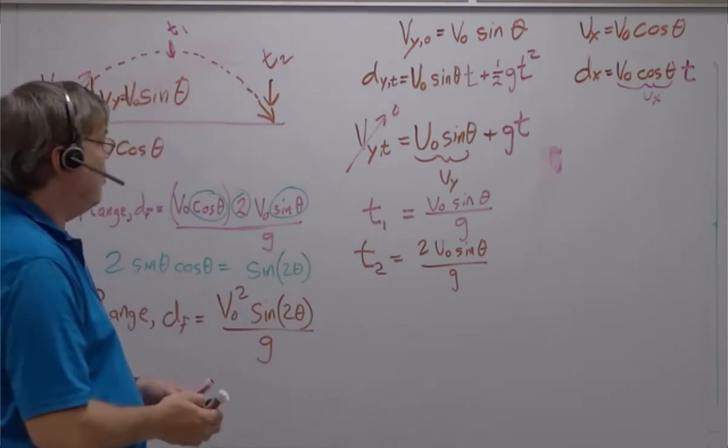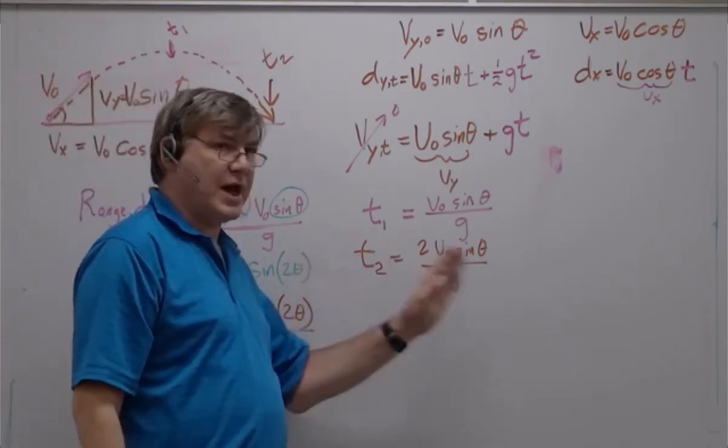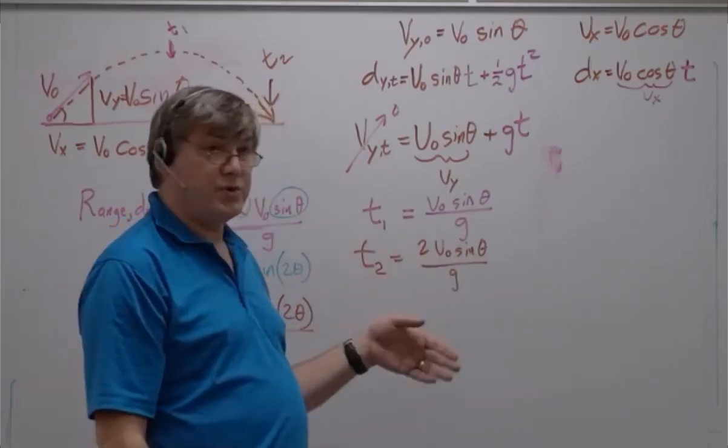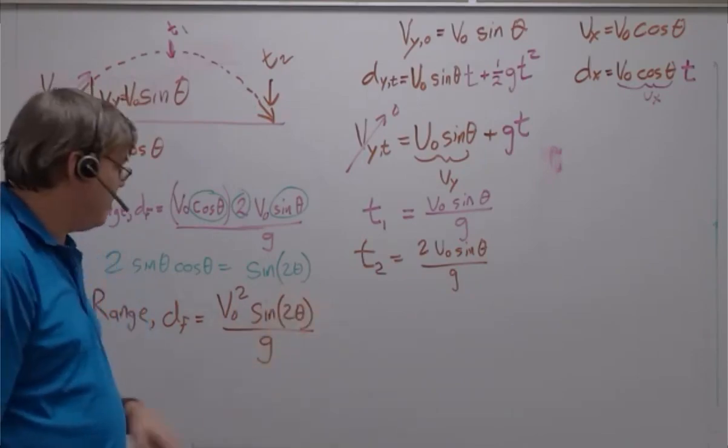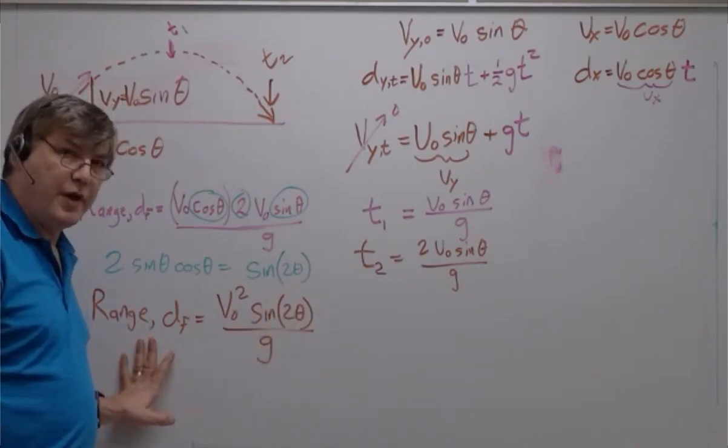And again, remember we moved g to the other side of the equation, so it's minus a minus positive. So all of this ends up being positive, and we end up with a range.